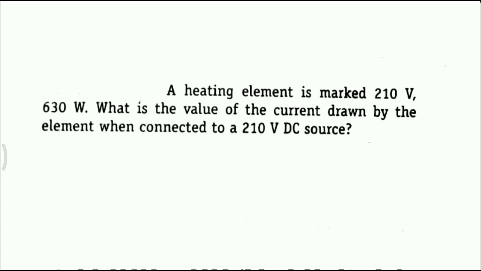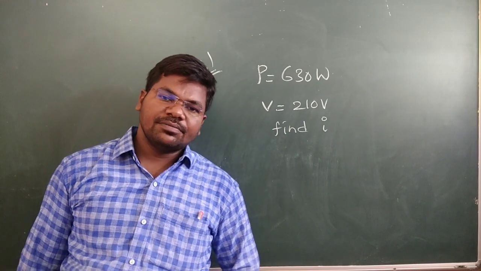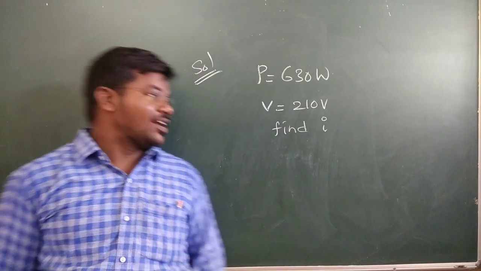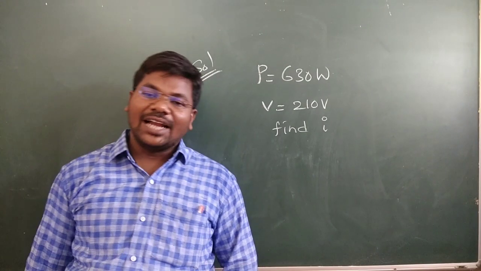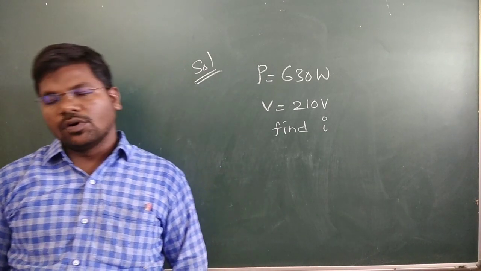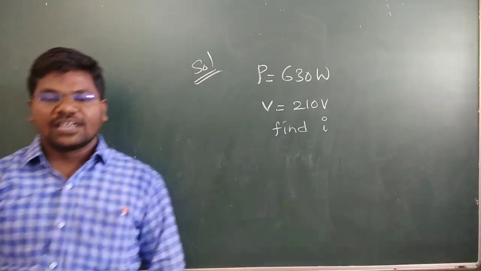A heating element is marked 210 volts, 630 watts. What is the value of the current drawn by the element when connected to a 210 volts DC source? Coming to the solution, in the problem they have given power 630 watts and potential 210 volts, and we have to find the current.